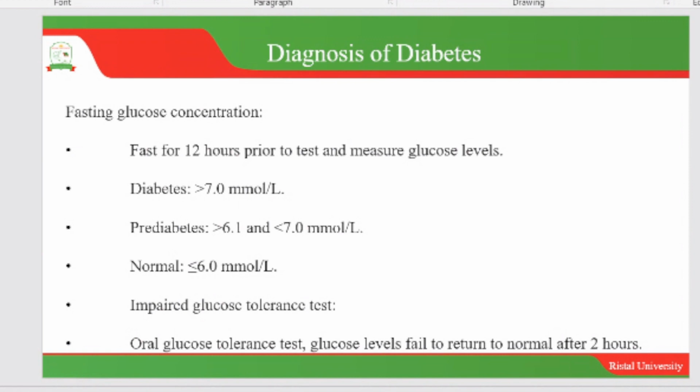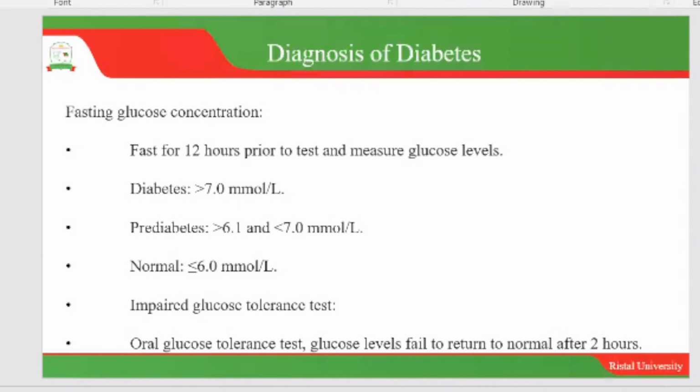Less than 6 millimoles per liter, the person is considered to be normal.